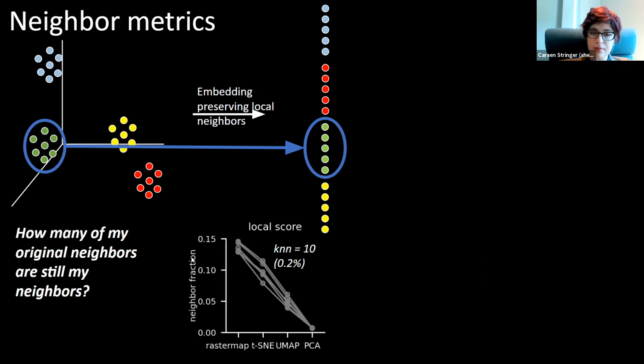And note, we ran t-SNE with a variety of perplexities. In theory, I could increase the local score for t-SNE, but at the expense of reducing the global score. So I'll explain that now too. You might also not just care about increasing this local score, you might also care about preserving the global neighbors.